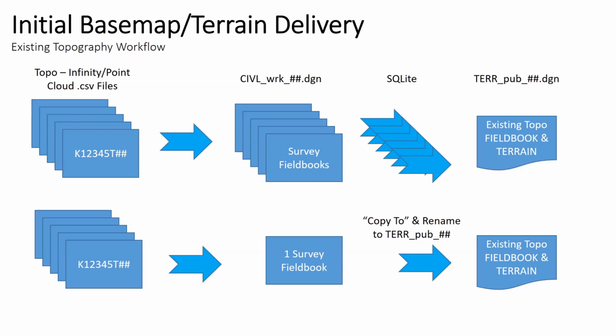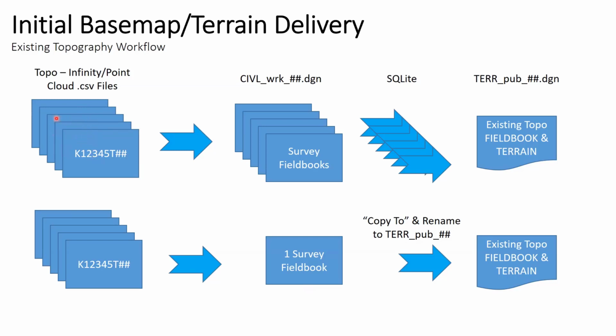So on the left side here, I've got two different lanes to get to the same result. So we've got, let's say, 5 different topo files.